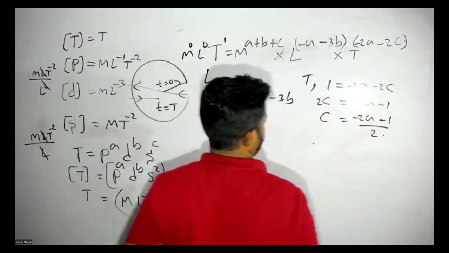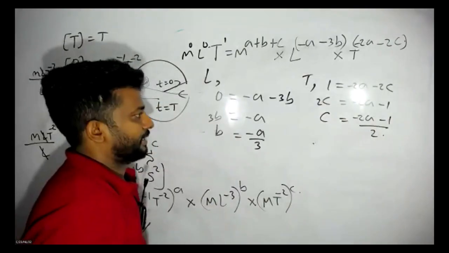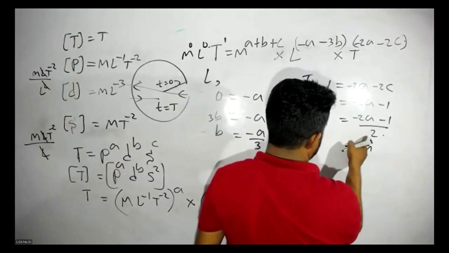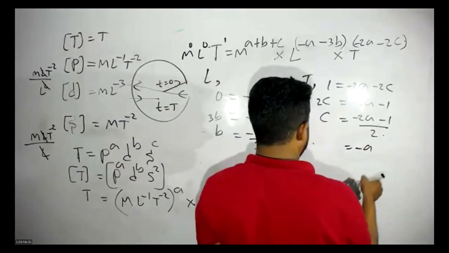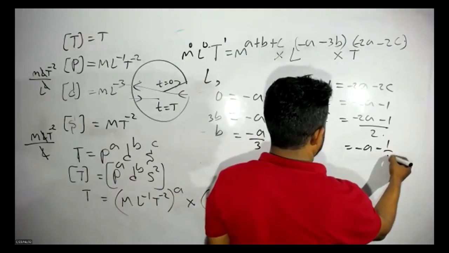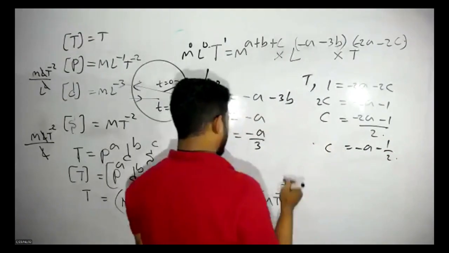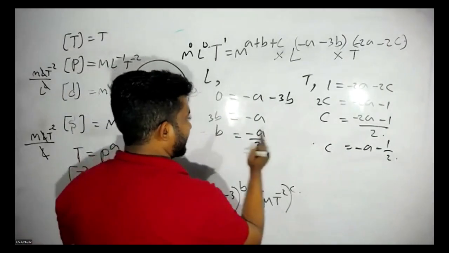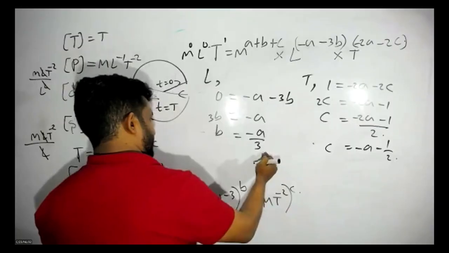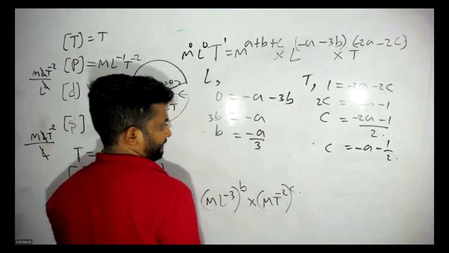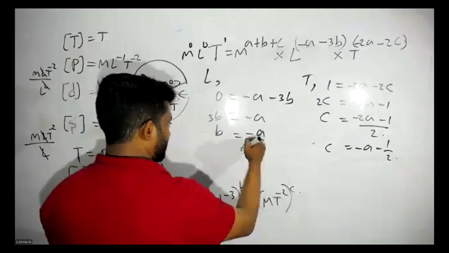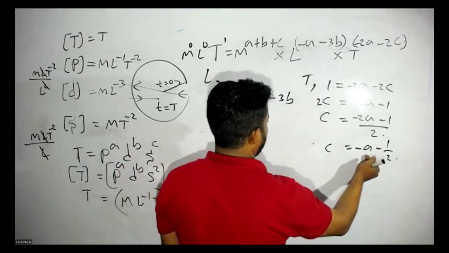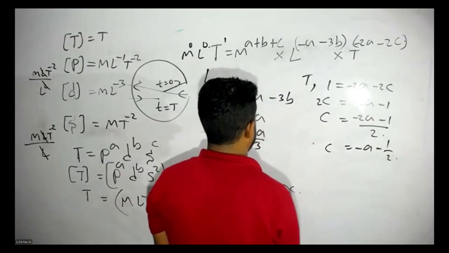Then divide the equation by 2, so C equals minus A minus 1 over 2. Now we have found B and C as expressions of A. B is minus A over 3, and C is minus A minus 1 over 2.